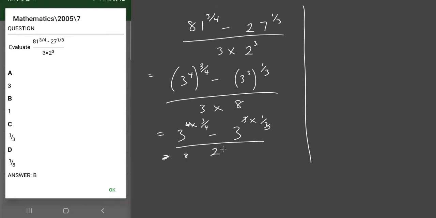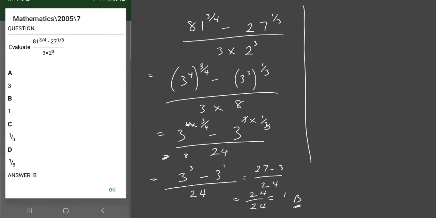So this becomes 3 raised to the power of 3, minus 3 raised to the power of 1, right? Divided by 24. If you simplify this, this will give you 27 minus 3 divided by 24. And what's 27 minus 3? That's 24 divided by 24. And that will give you 1. So the correct option here is option B.